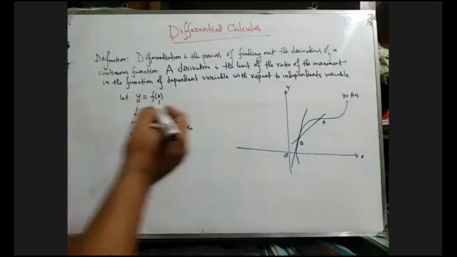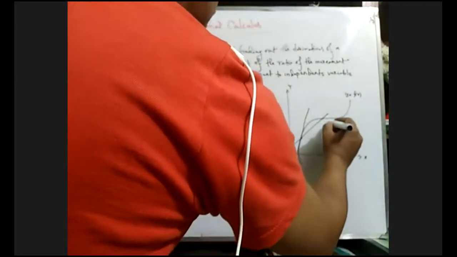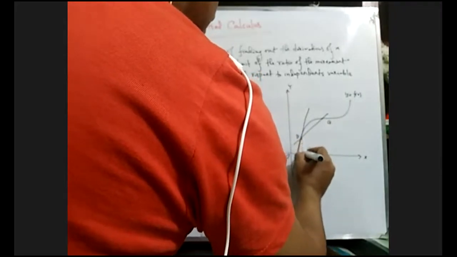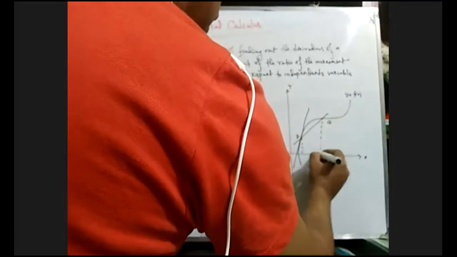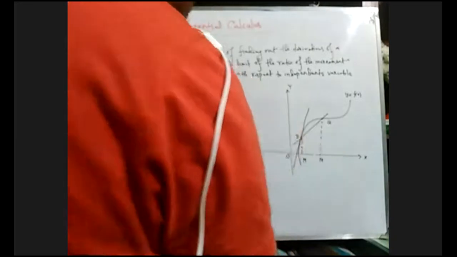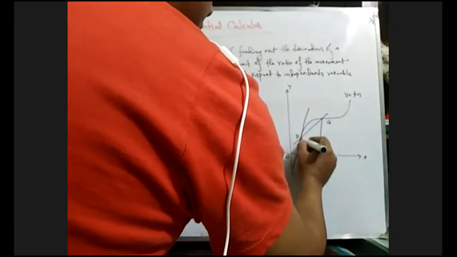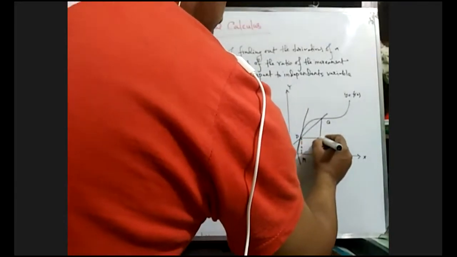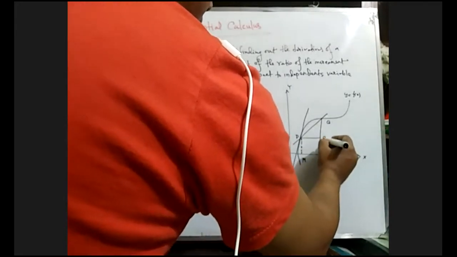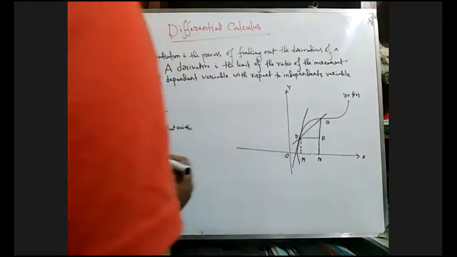Suppose this is the point P and this is the point Q. We can draw perpendiculars PM and QN. Then we can take another line parallel to MN. Suppose this is R. So we got a triangle PQR here.